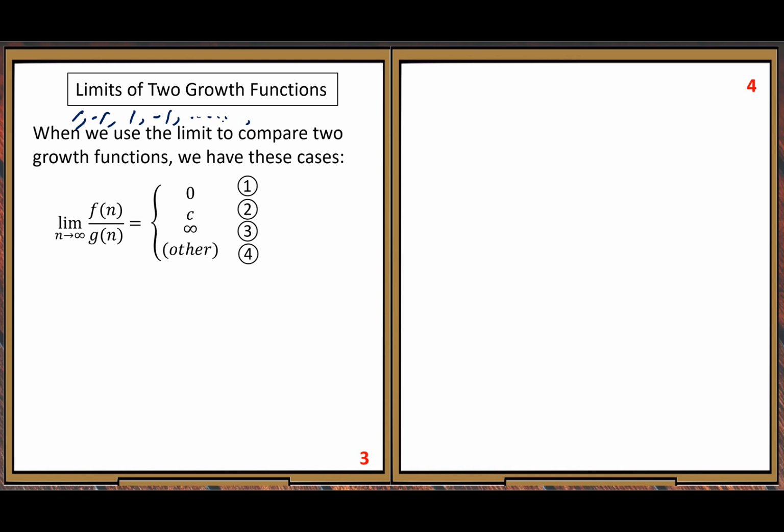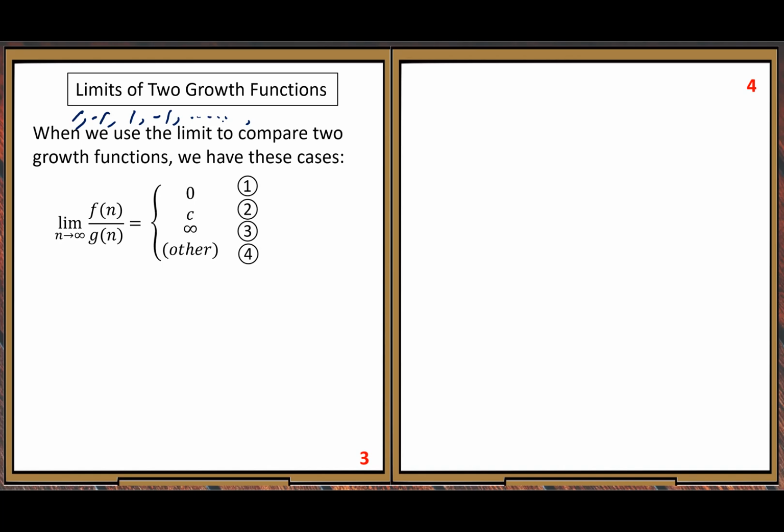There is no limit for this one. No convergence, right? Up and down, it never converges to one fixed number, not 0, and it's not infinity. Not the first case, not the second, not the third case, but other. The limit does not exist.